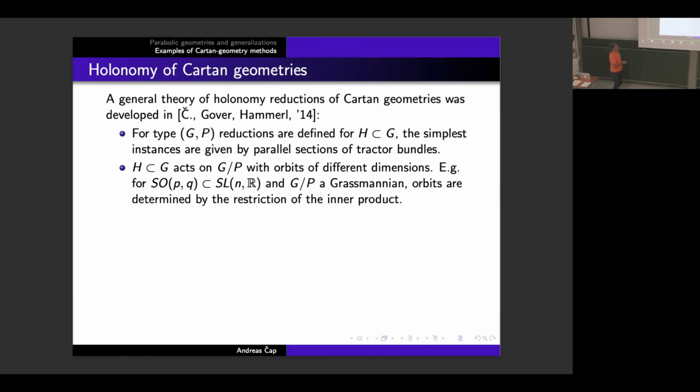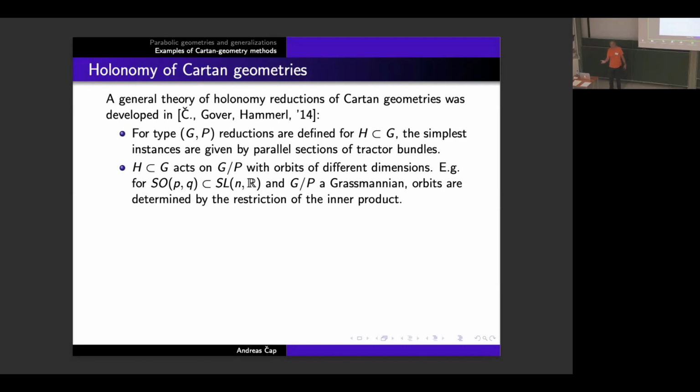Now the interesting thing is, if you look at this subgroup of the group G, then it acts, of course, on the homogeneous space G/P. The simplest example corresponds to projective structure: take G to be SL(n+1), P to be the stabilizer of a line, and you get projective space.